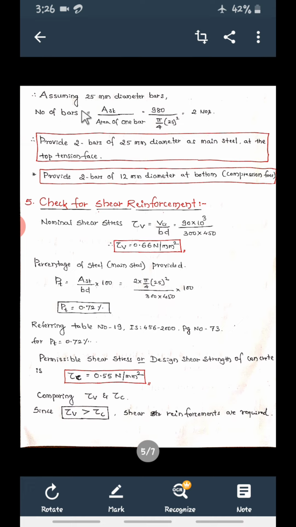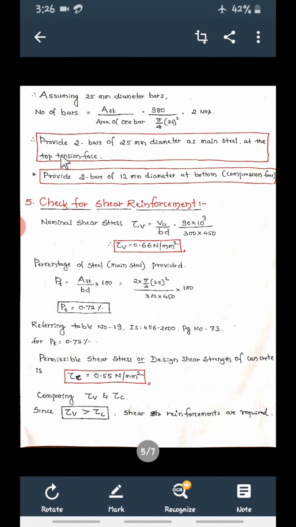Let us assume it is 25 mm diameter bars. So number of bars is equal to total Ast, that is 980, divided by area of one bar, that is pi by 4 d square, 25 square. So two numbers are required. So provide two bars of 25 mm diameter as main steel.